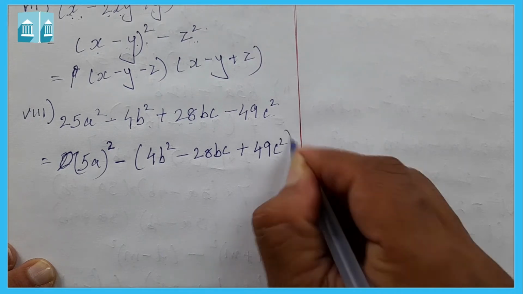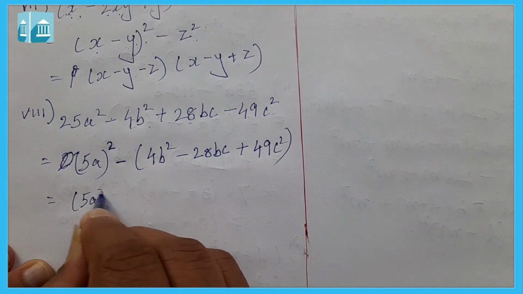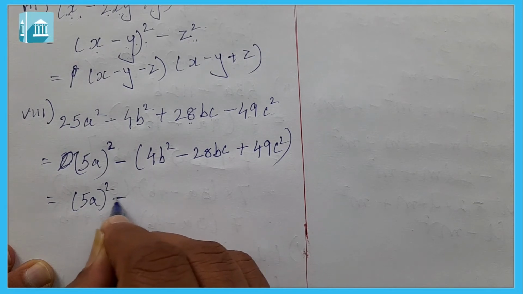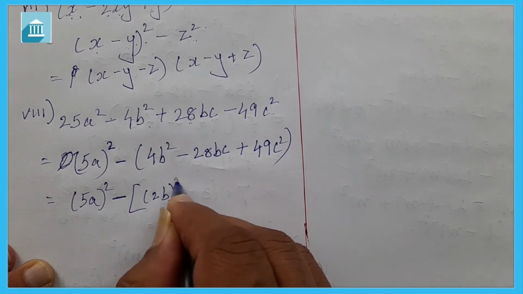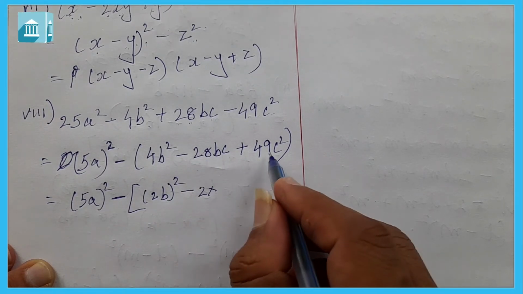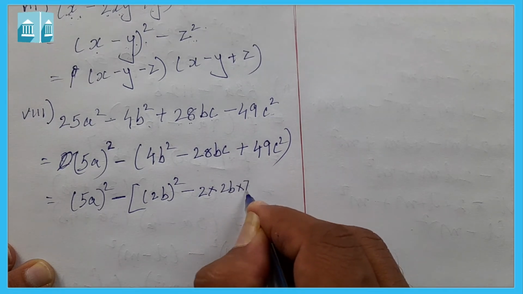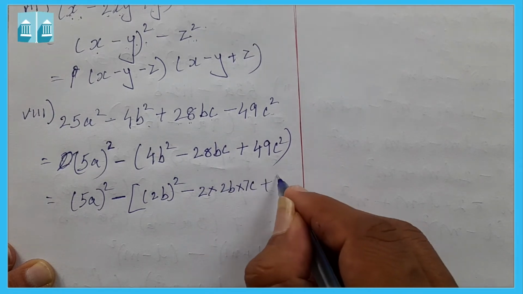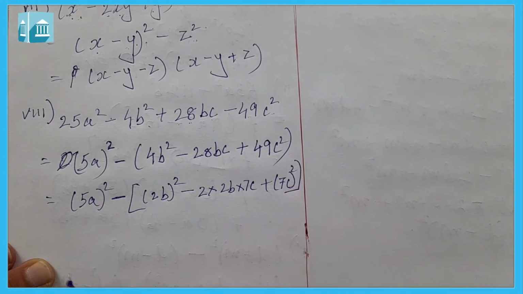Now this can be written as (5a) whole square minus, this 4b square can be written as (2b) whole square, minus 28bc, that will be 2 into 2b into 7c, plus 49 can be written as (7c) whole square, bracket close.